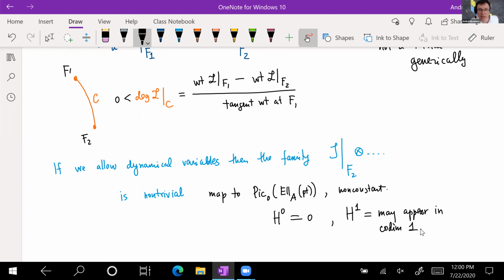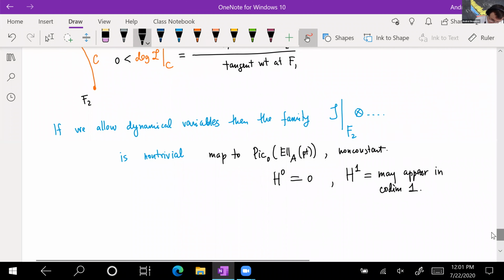If it's a map with one-dimensional target, then H1 will appear exactly where that map hits the trivial line bundle. So what does it mean? The conclusion: H1 is always 0 means the elliptic stable envelope is unique.